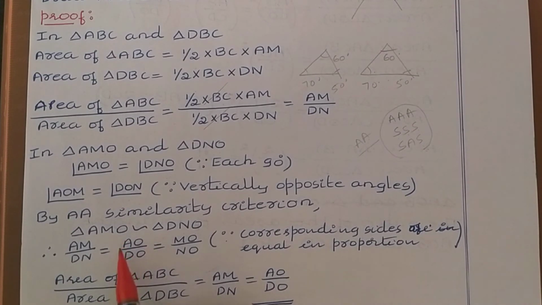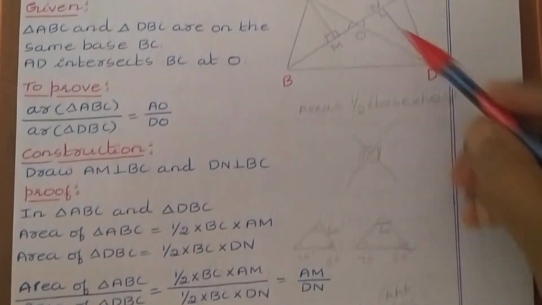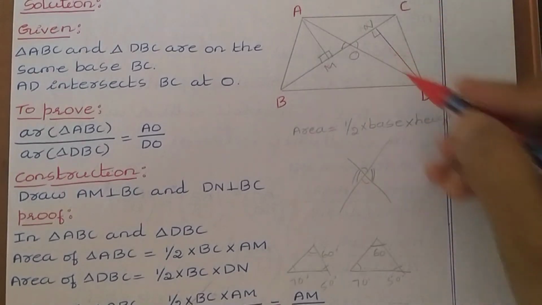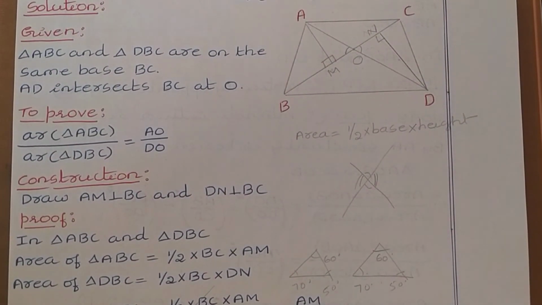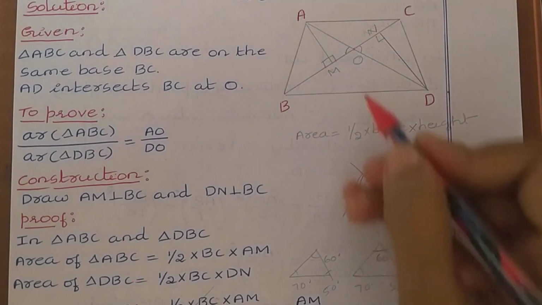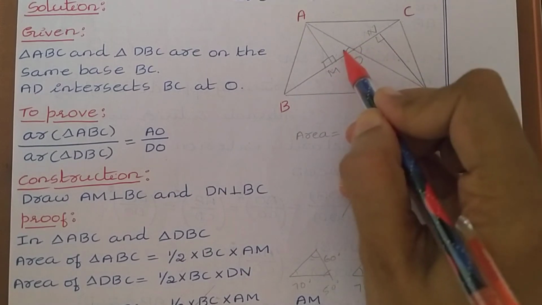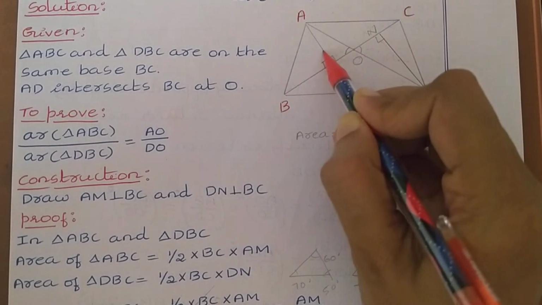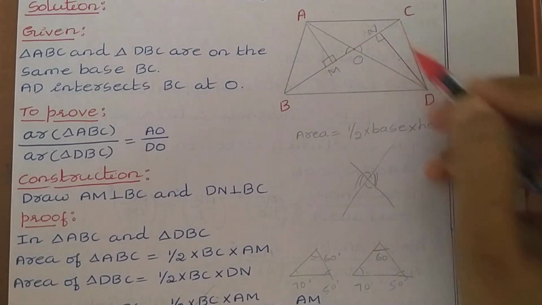So how to write the corresponding sides? See, you have the triangles in this way. Now we have to choose the corresponding sides. To choose the corresponding sides, if you have a confusion, then you can choose like this. Among these two triangles, we know these two angles are equal. So opposite to this we have side AM, opposite to this here we have the side DN.